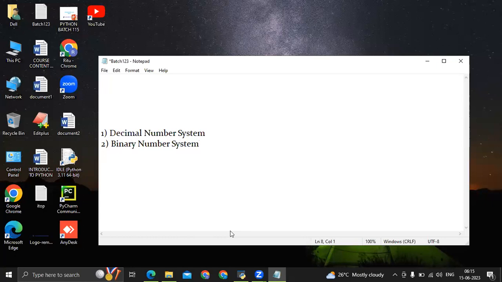Let's talk about the third type of number system. Third is octal number system. And the fourth is the hexadecimal number system.